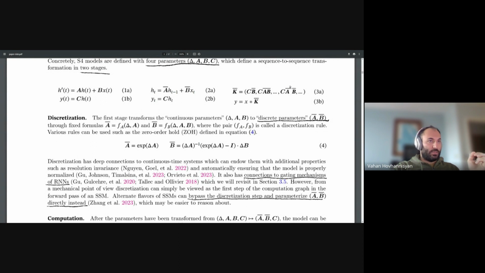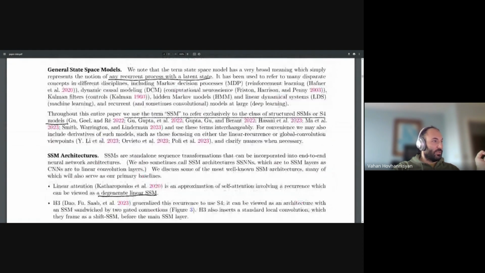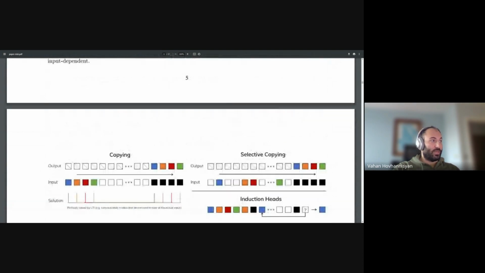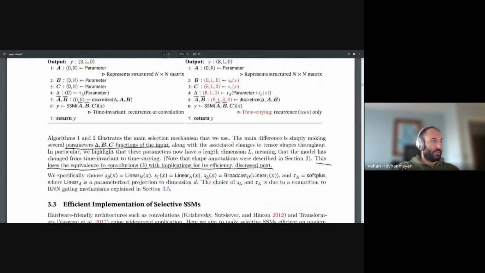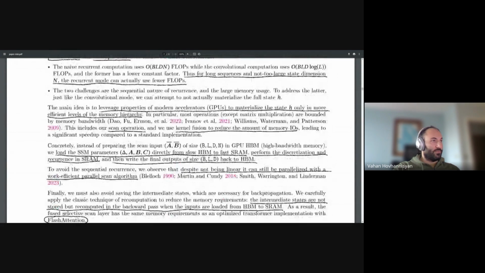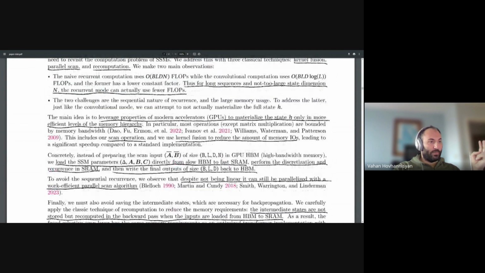So maybe we can go down here and then look at the algorithm, because that's actually the funny part. That's a very important part, because without that, we are not able to train this effectively. Motivations, overview, hardware aware expansion, right? So GPUs have two memories.